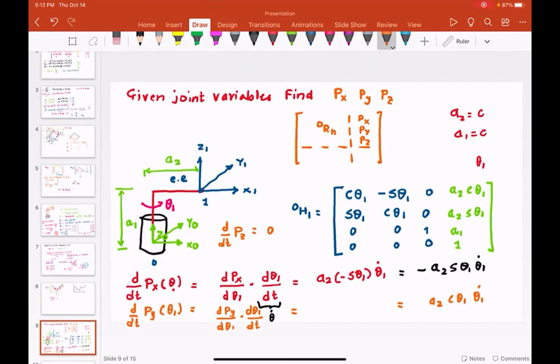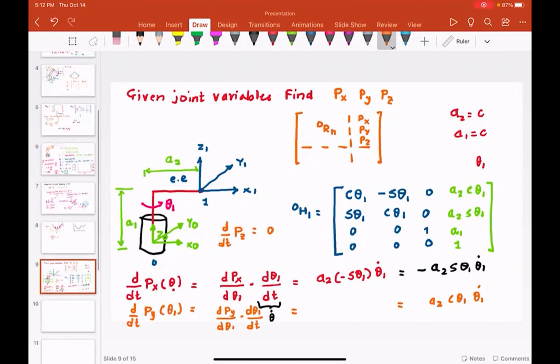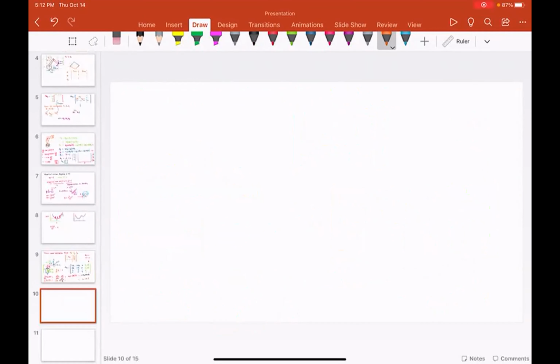Now, I'm going to write this equation in terms of what is called the Jacobian. So let me say what that means. I will try to write this in some sort of matrix-vector form.